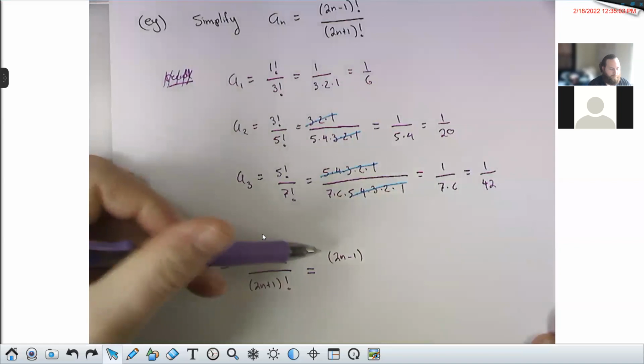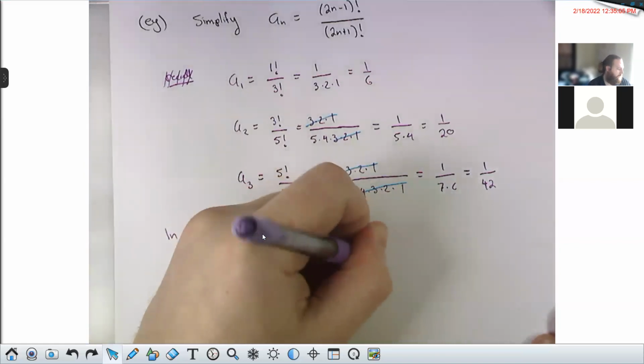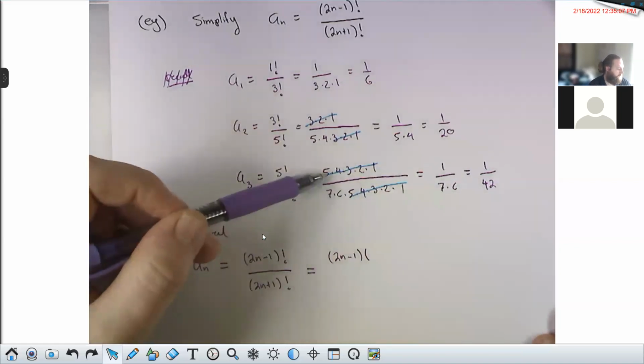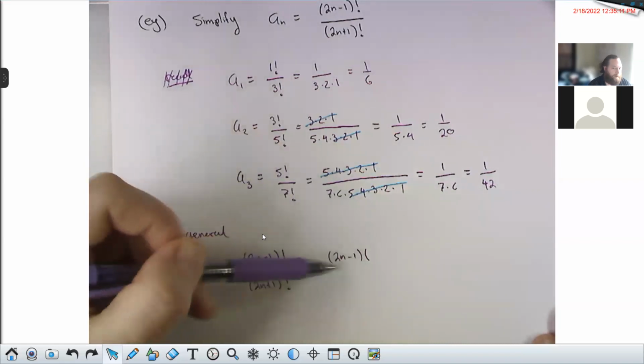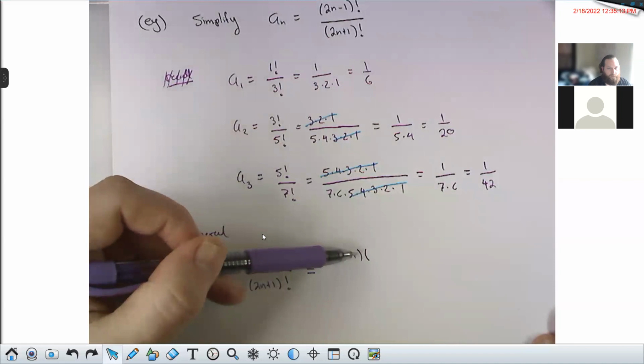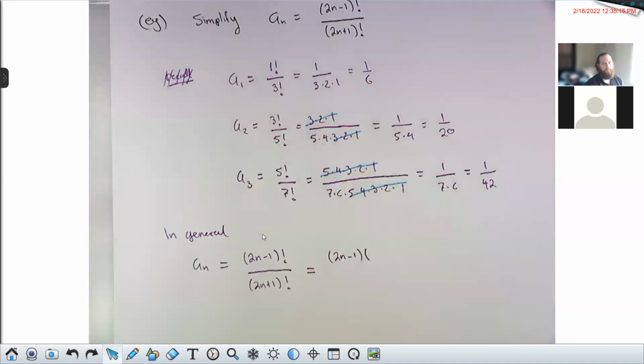The next number in this product is like, start with 5. Okay, the next one will be 4. Well, if I'm starting at 2n minus 1, what's the next number immediately below that? How do you go from 3 to 2, or from 5 to 4, or from 7 to 6? Yeah, you subtract 1, right?